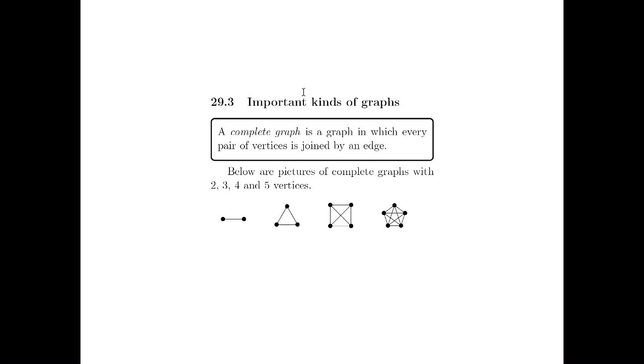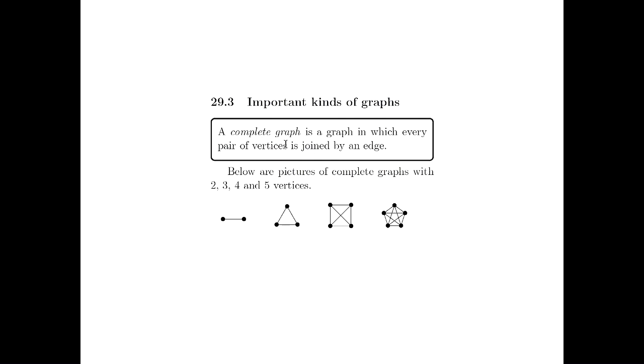Awesome. Okay, so let's try and build up a little bit of vocabulary then. We're going to talk about three or four different sorts of graphs that come up all the time. The first is what we call a complete graph.